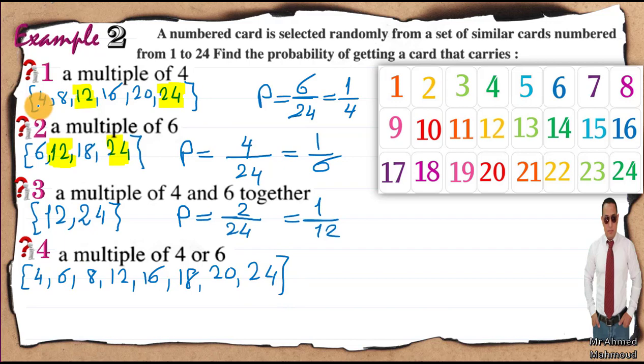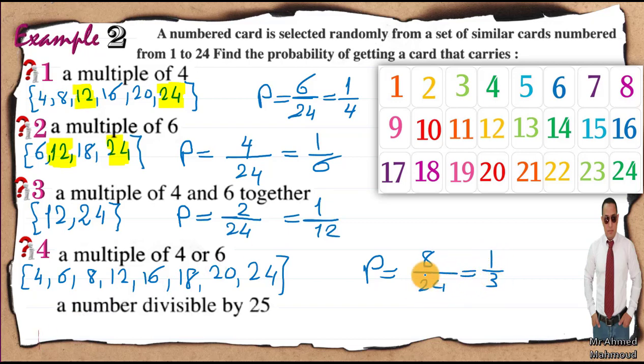Here I took all the numbers inside this set and this set. But note that the 12 is written one time only and the 24 is written one time only. Now I have 8 numbers. So the probability equals 8 out of 24 equals 1 over 3.